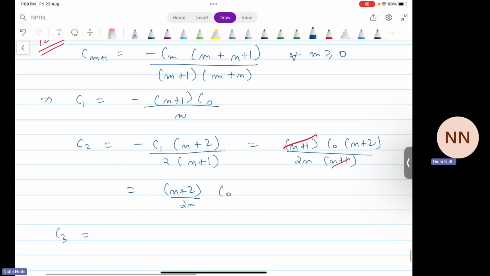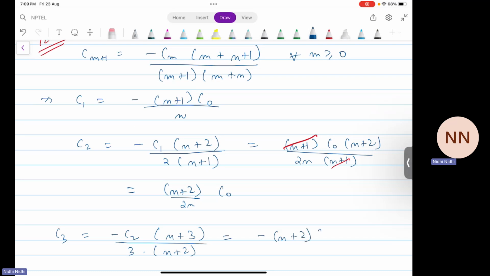C3 is equal to minus C2 times, for m equal to 2, n plus 3 by 3 times n plus 2, which gives us minus n plus 2 C naught n plus 3 by 2 into 3n into n plus 2.